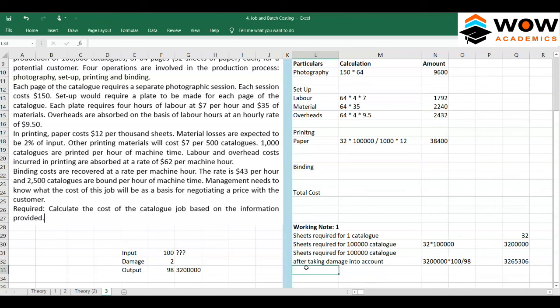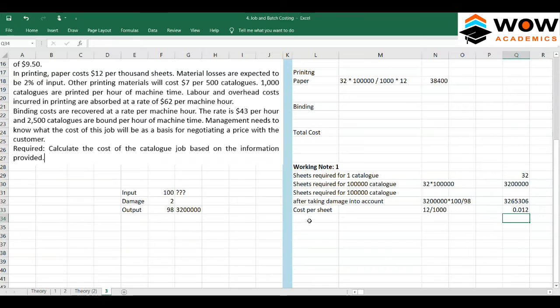So we'll find out cost per sheet. So this is the total number of sheets. Let's get the cost per sheet. Every 1000 sheets is priced at 12. So per sheet cost would be 0.012.